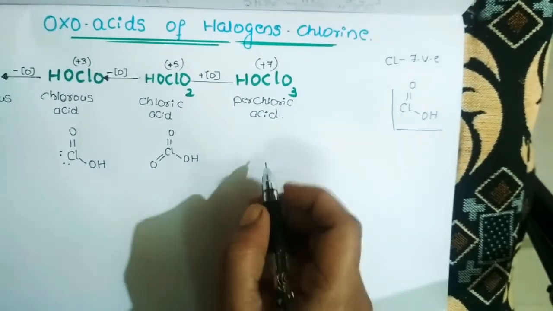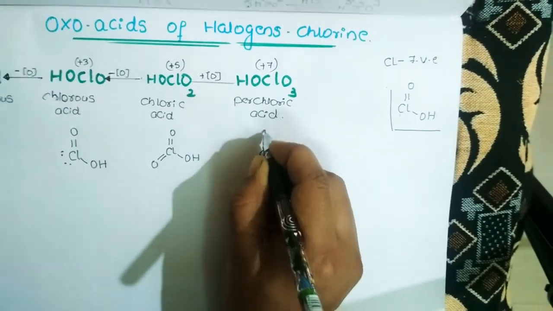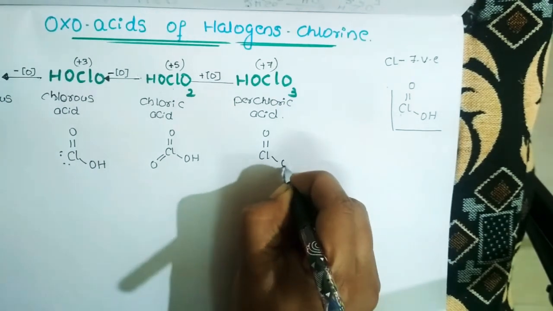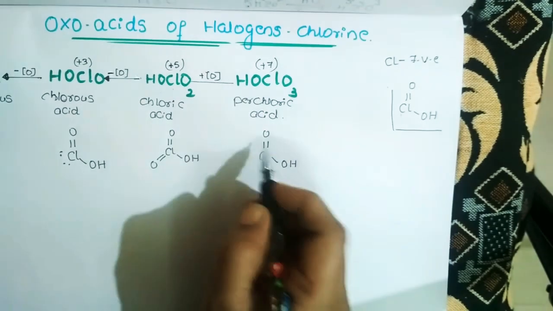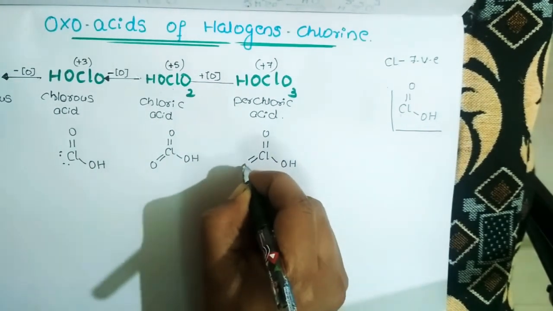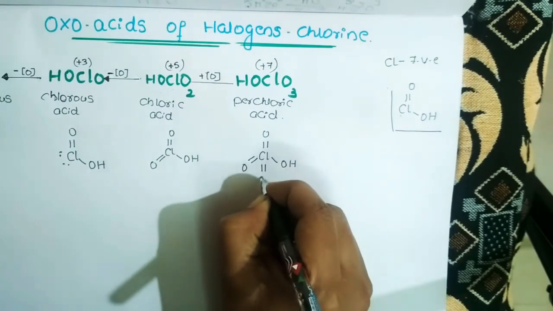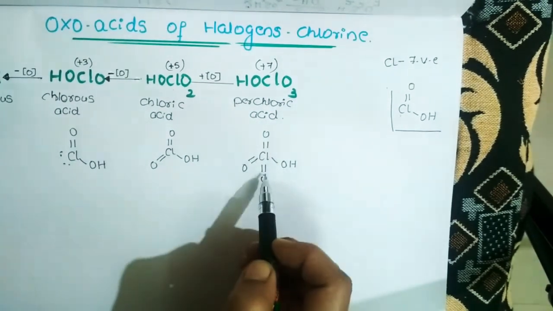Now perchloric acid: write Cl as it is. Double bond O compulsory and OH compulsory. So out of the 4 oxygens, 2 have gone. Now write double bond O and one more double bond O. That is HOClO3.